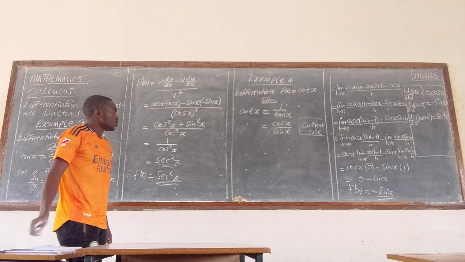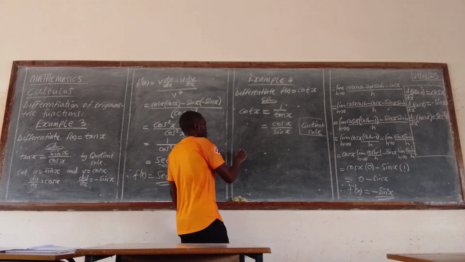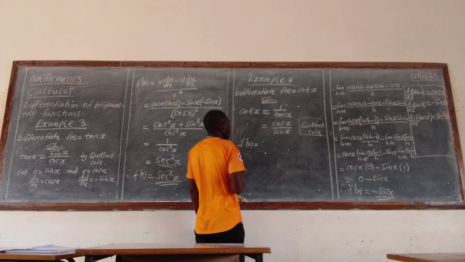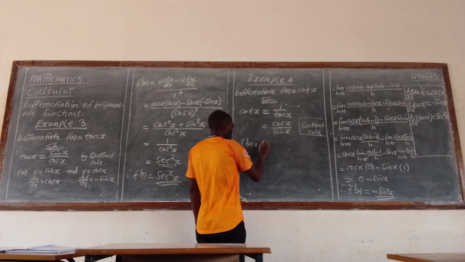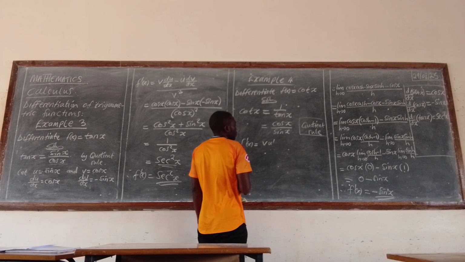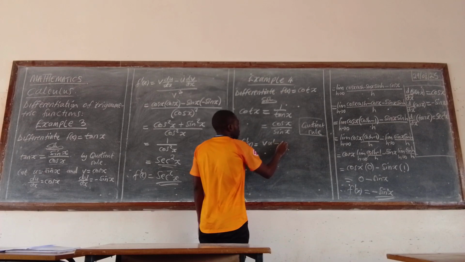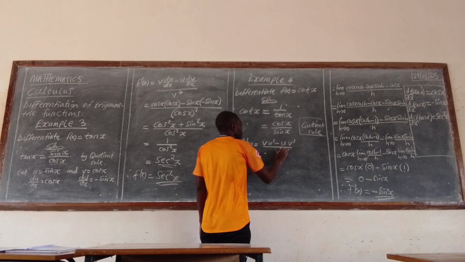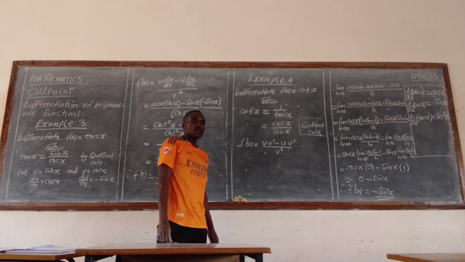Now, how do we use the quotient rule? Say the f prime of x is equal to: we keep the second function constant, differentiate the first one, minus, we keep the first constant, differentiate the second one, divided by the second function squared.